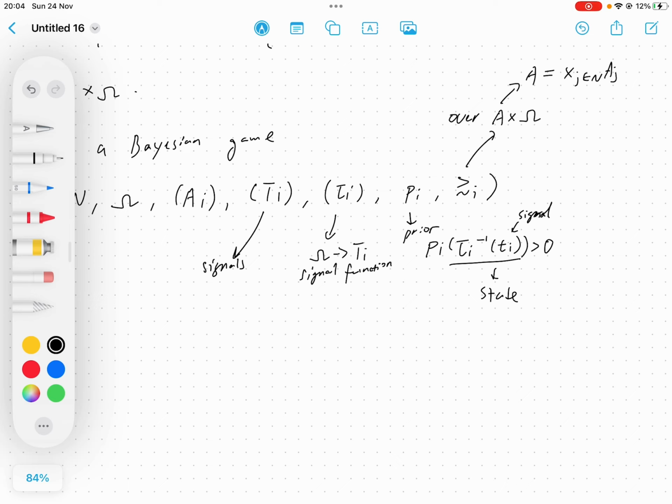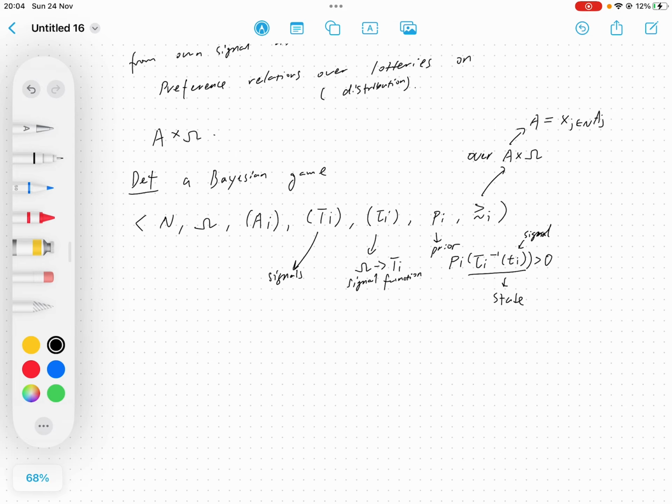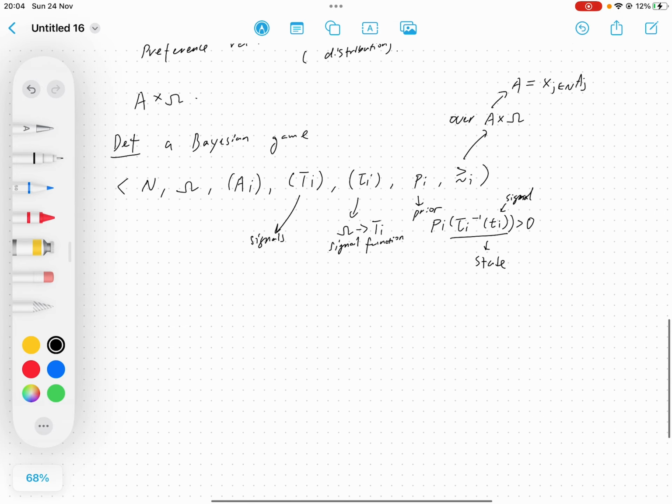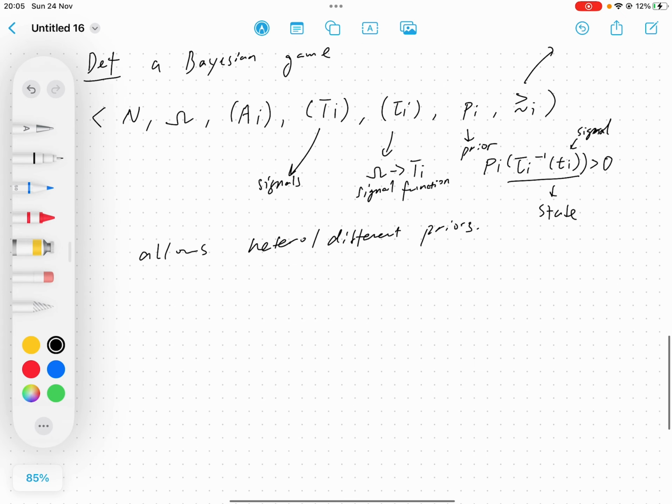So we notice that this definition allows the players to have heterogeneous or different prior beliefs. This is very important. Hetero or different priors, and this will be a useful note here.